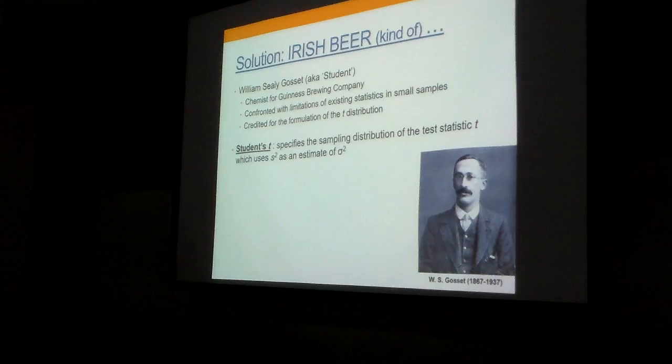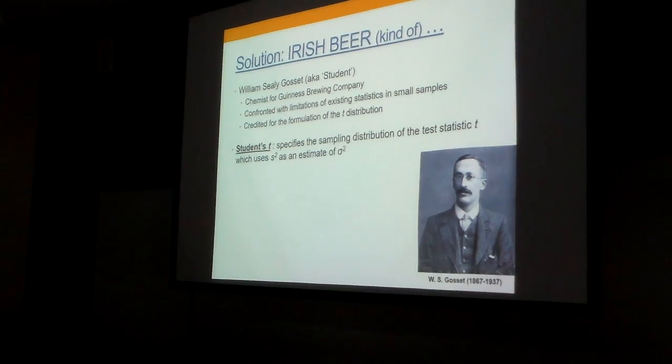If I take the mean minus the population mean over the square root of the sample variance over n, this is problematic. This is a different statistic, right? Because this is going to systematically underestimate the population variance as a function of your sample size, right?